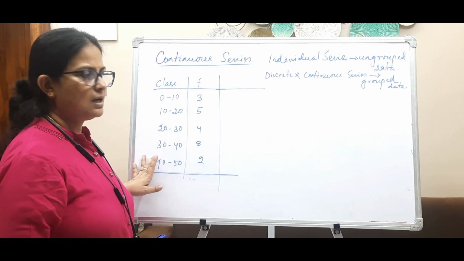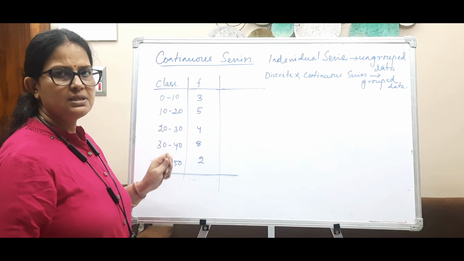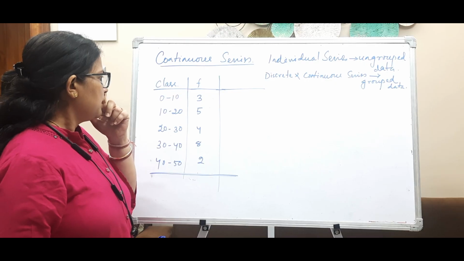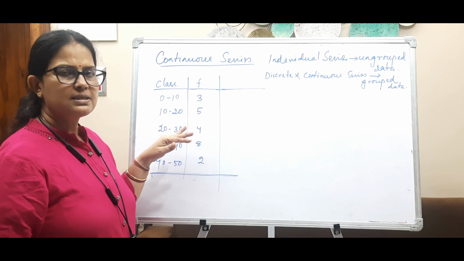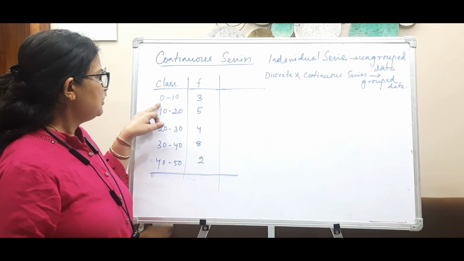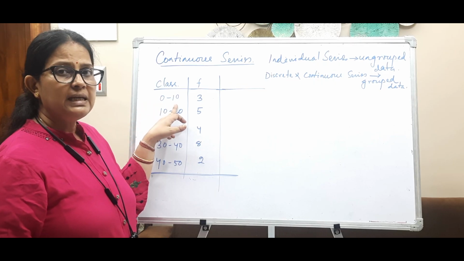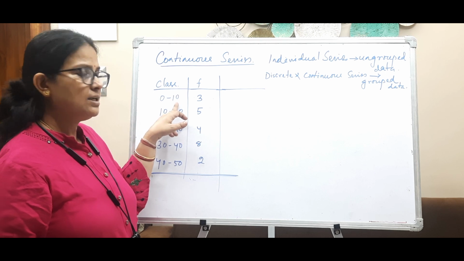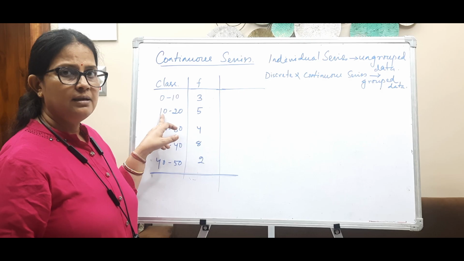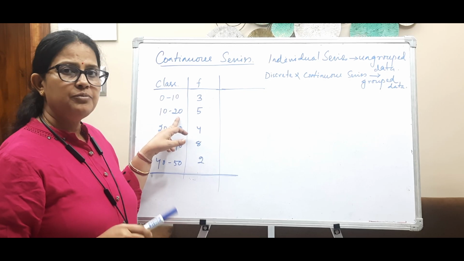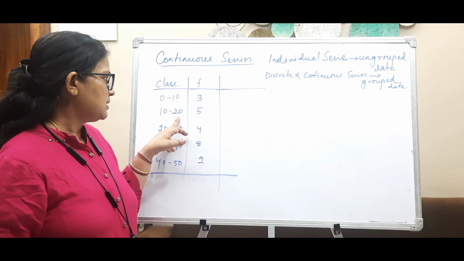This is the class, and this is the frequency given for the class: 3, 5, 4, 8, 2. As we have already discussed, 0 to 9.99 we can consider here, not 10. Here we can consider 10, and 10 to 19.99 we can consider.